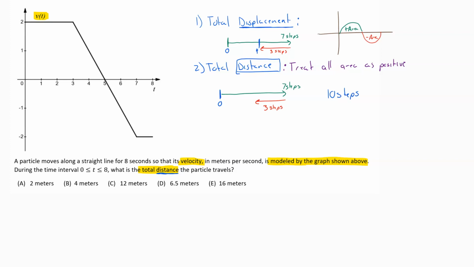So I don't add them up as positive and negative. I think of it as all positive. And so the difference between these, it comes down to that one word there, whether we're talking displacement or distance.